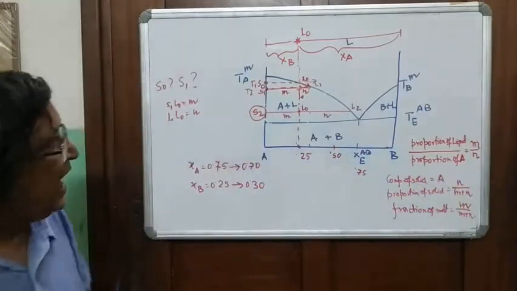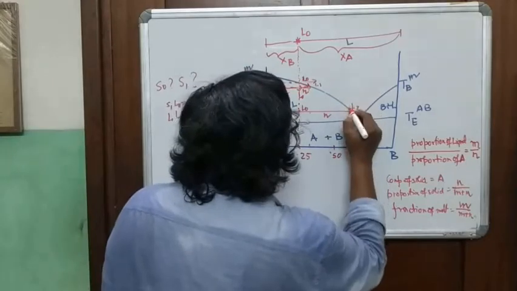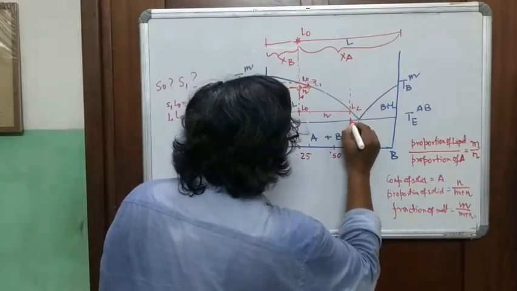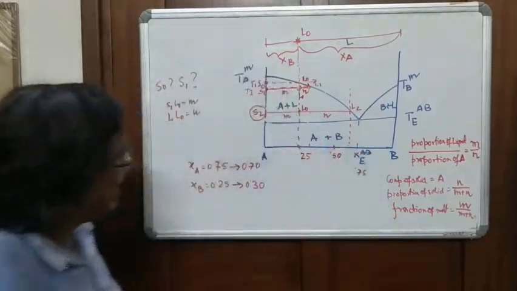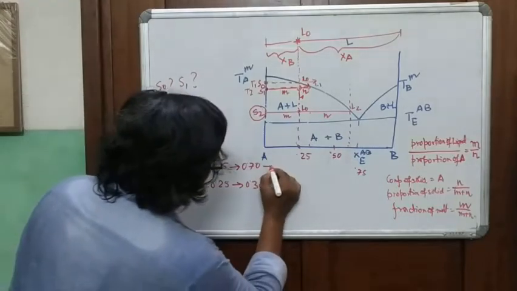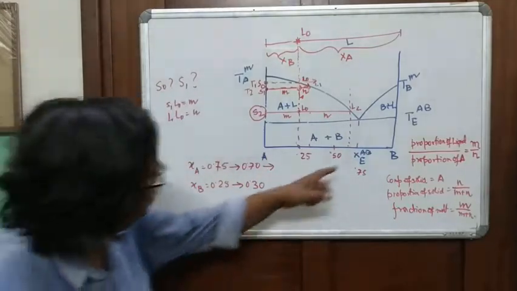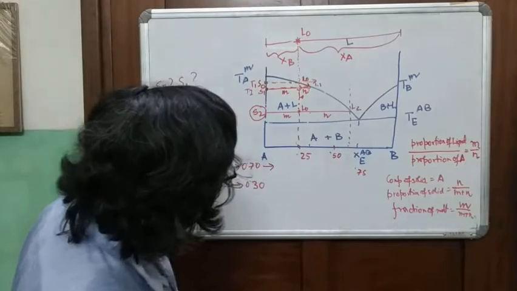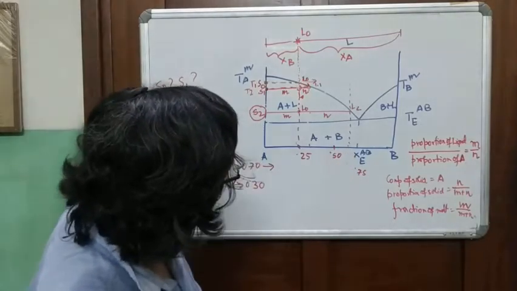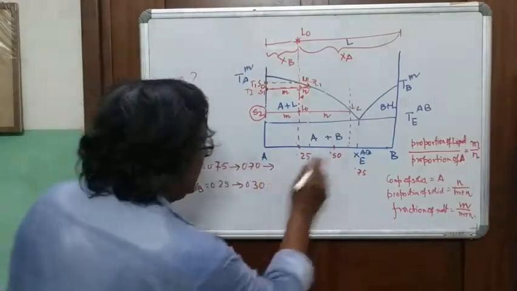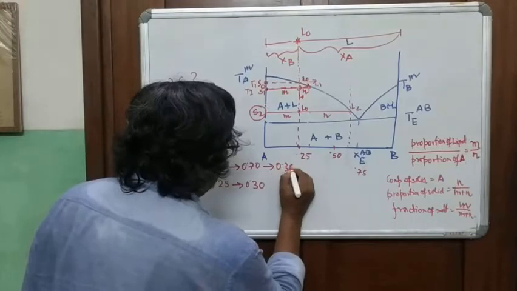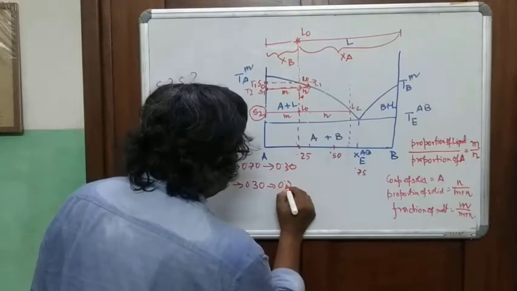Till, and you see your liquid composition at L2, now it has become maybe 0.30 or something. XA will become 0.30 and this has become 0.70.